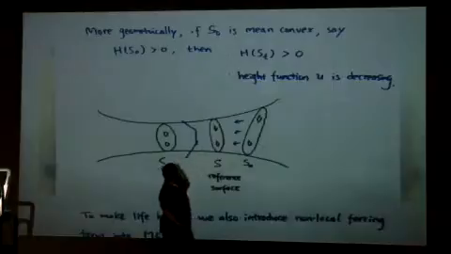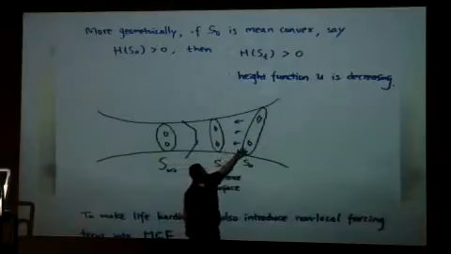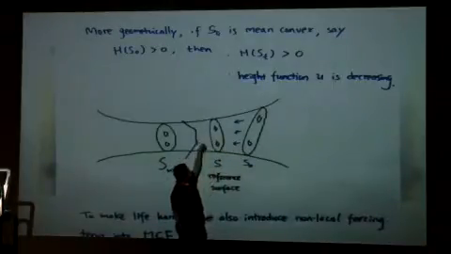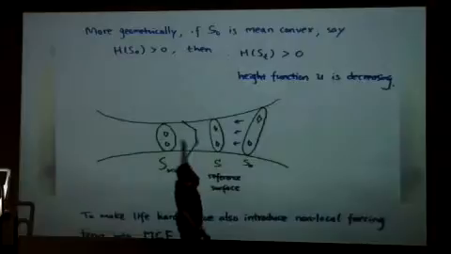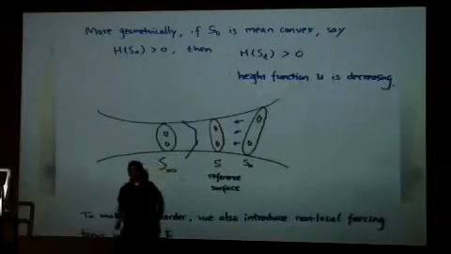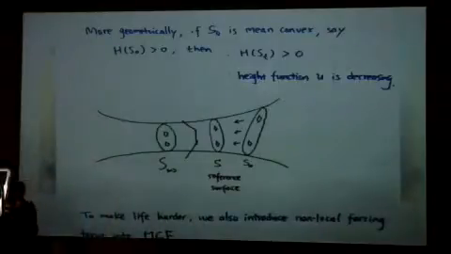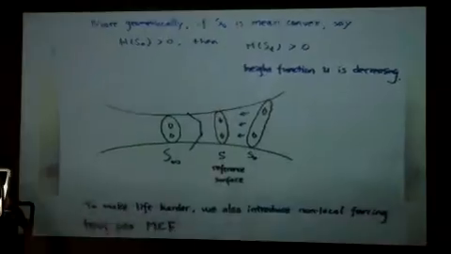So you can see the mean curvature flow start from here, then drag towards the reference surface, and keep going in this direction, staying mean convex, until it hits the minimal surface here. So that's the mean curvature flow case.